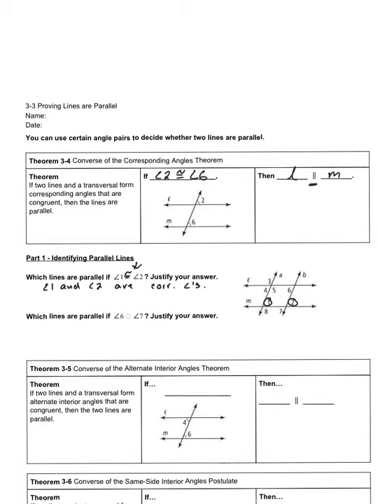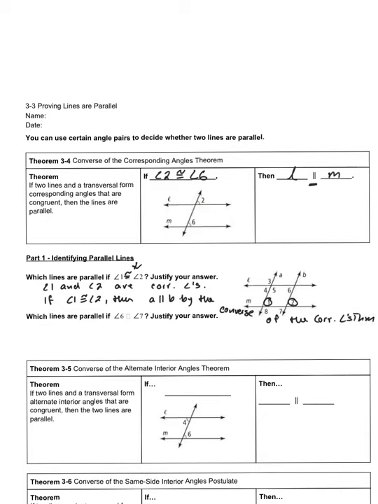So if angle 1 is congruent to angle 2, then line A is parallel to line B by the converse of the corresponding angles theorem.